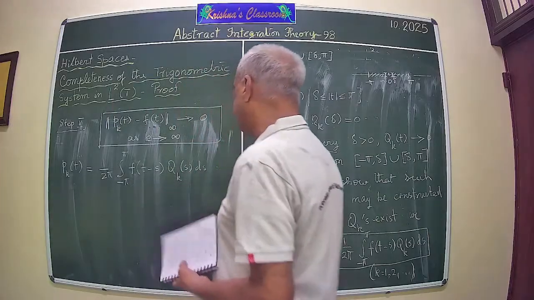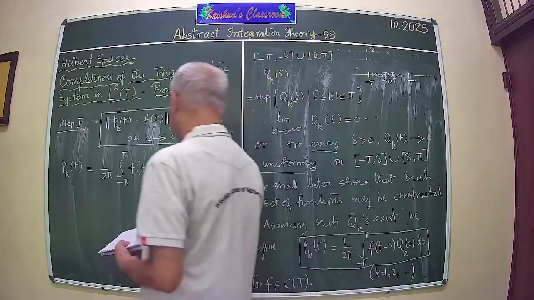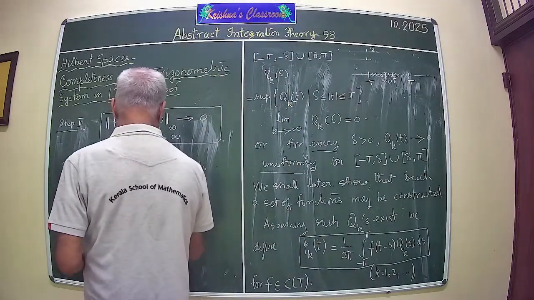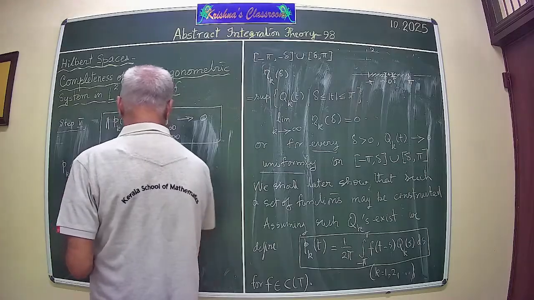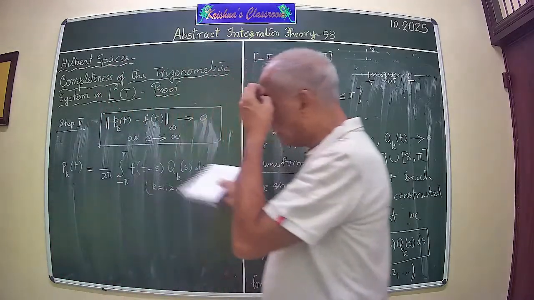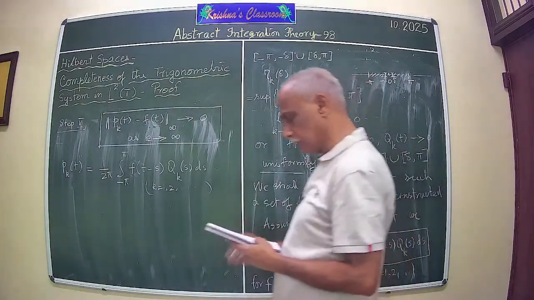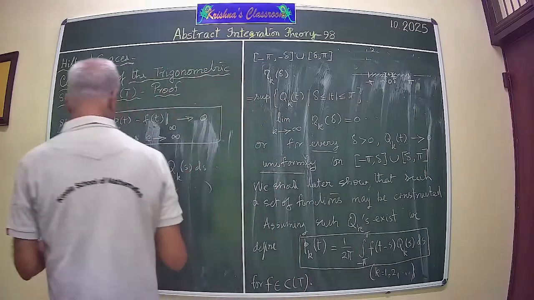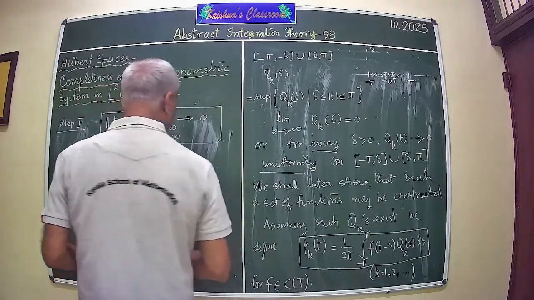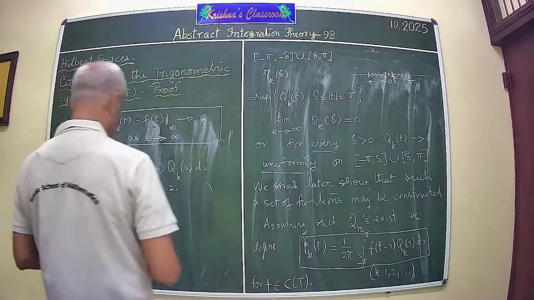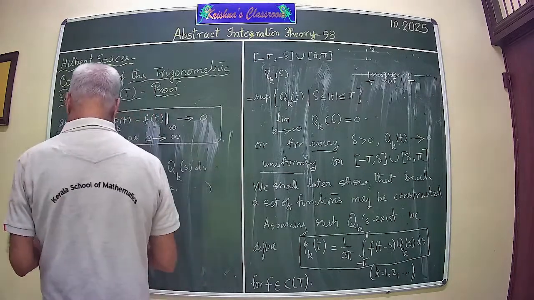So Pk(t) is given by this. This is well defined. There is no problem with this integral. It is a nice continuous function on the interval minus pi to plus pi.